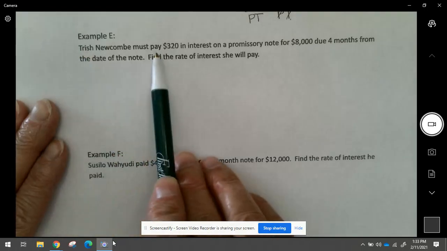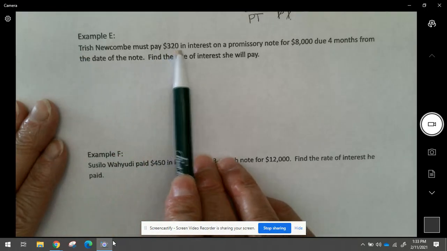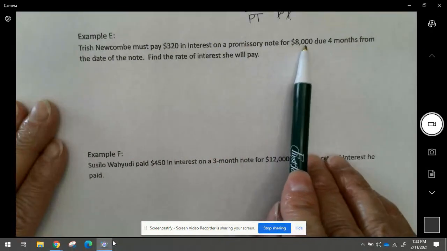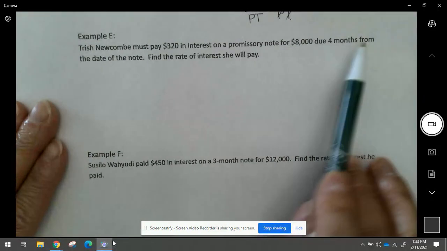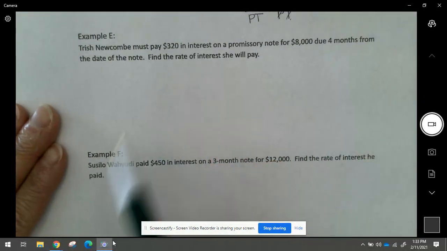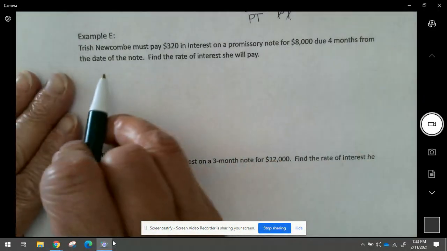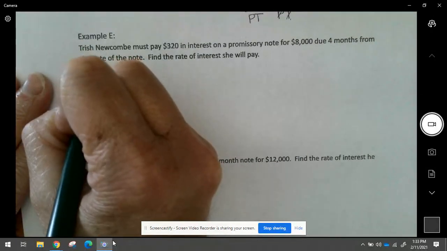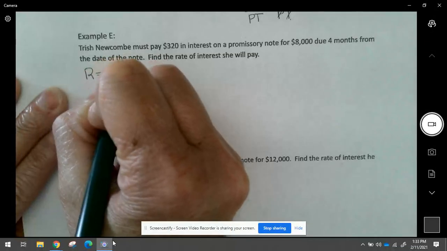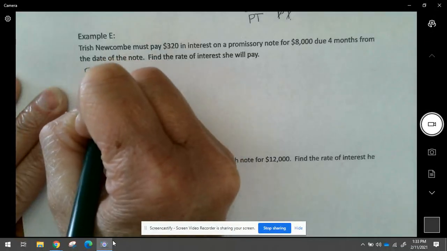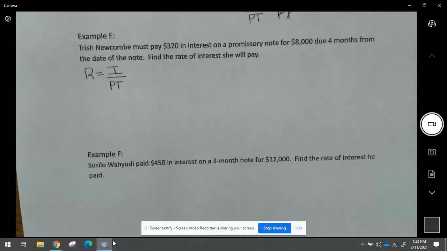Trish Newcomb must pay $320 in interest on a promissory note for $8,000 due 4 months from the date of the note. Find the rate of interest she will pay. The best thing you could do is write your formula down that we just created up here. Rate equals interest divided by principal times time.